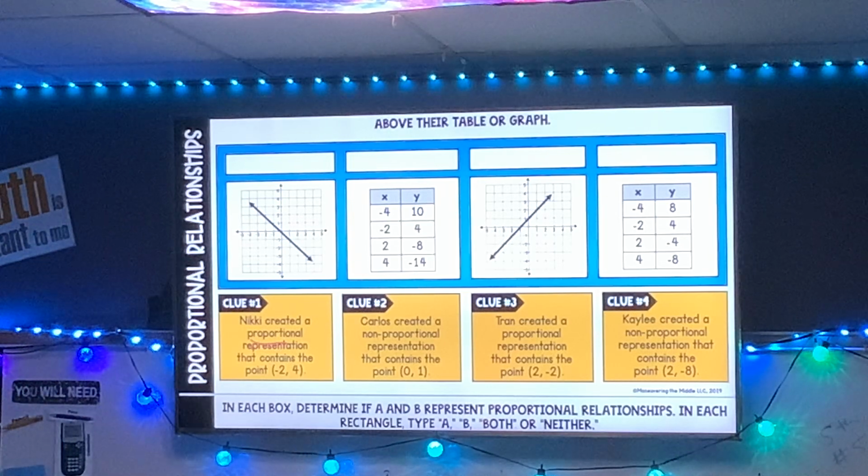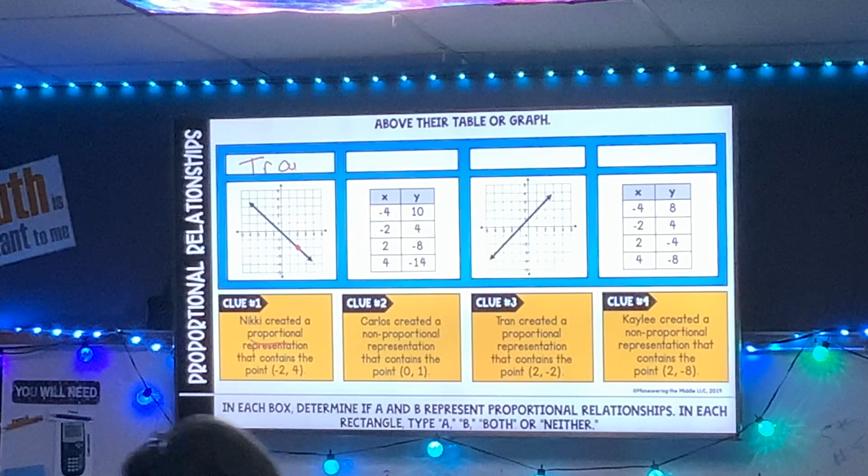Nikki said she has a point at -2, 4 on the line. Tran says he has a dot at 2, -2. Remember your ordered pair, you walk on your X and then go up or down. So is it Tran or is it Nikki? Tran, because if I went right 2, down 2, do you see it? So that is on my dot. That is on my line.